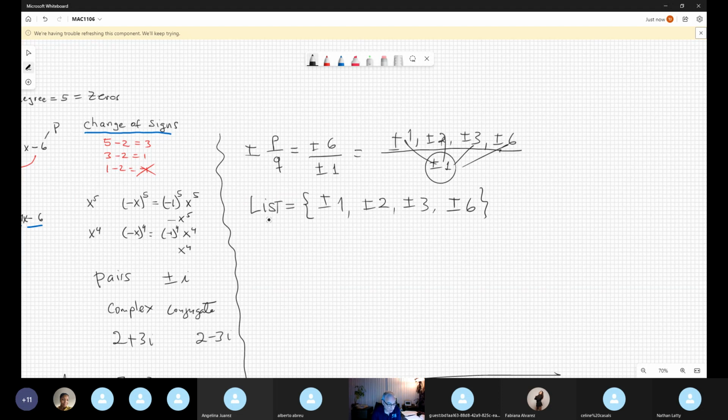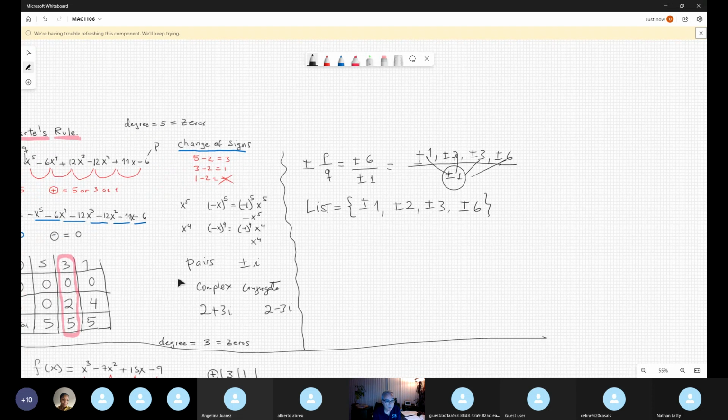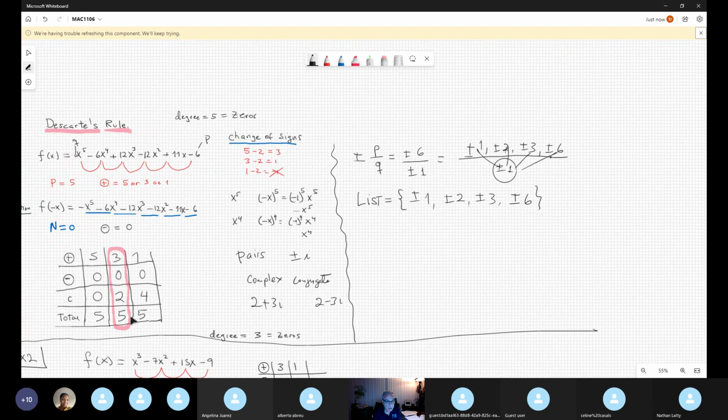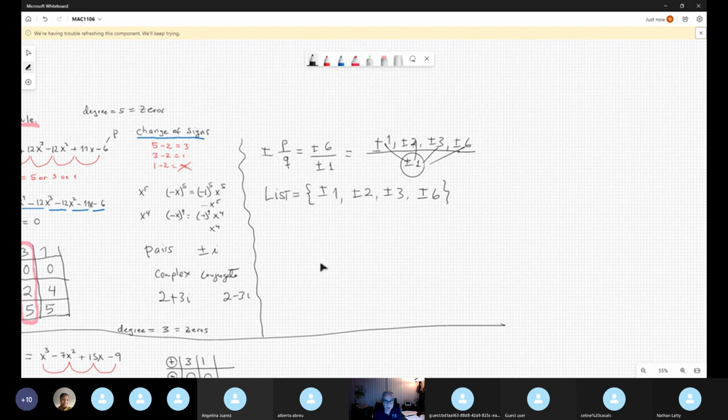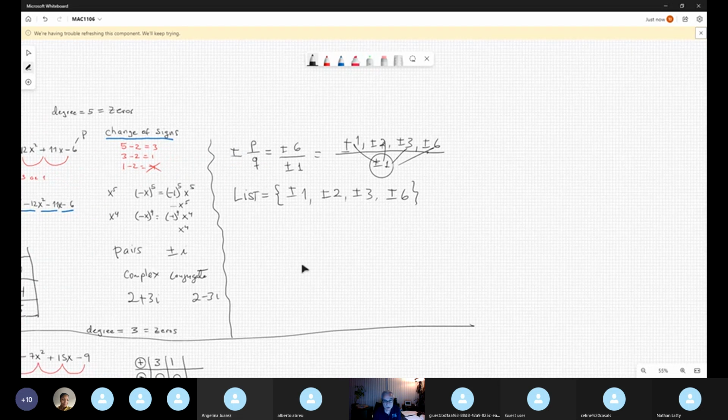However, in this case, I don't want to do this. Well, I have a table, no? Look, Descartes' table. But I don't know if it's this combination. I anticipate it's this combination. Okay, let me try to do synthetic division. Okay, let's do a synthetic division.